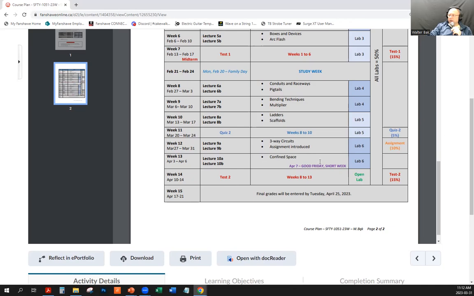And I don't think we have any labs on Fridays, but with your other classes, if you have any labs or any kind of work planned for the Friday, just keep in mind that this Friday coming up, week 13, April 3rd to April 6th, that is going to be a Good Friday.